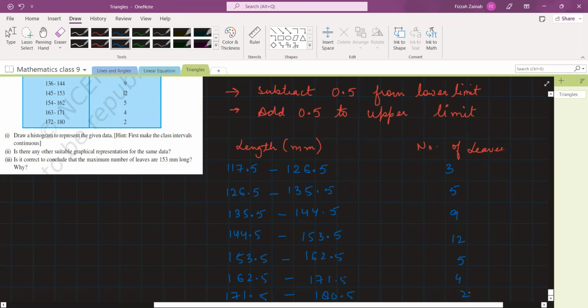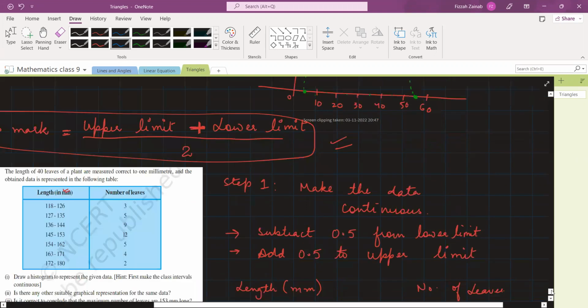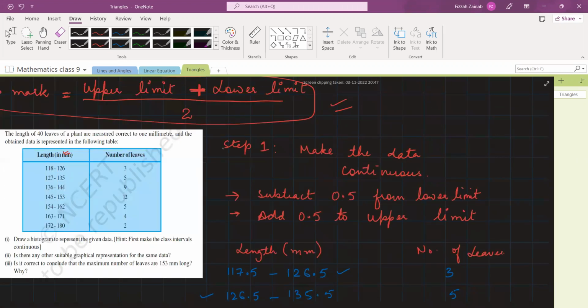Now, is this understood by everyone? Yes, ma'am. Now, can you see it is continuous data? So 126.5, and then again it is starting from 126.5. So this data is continuous now, right? These are the steps which you have to remember. Please note them down.